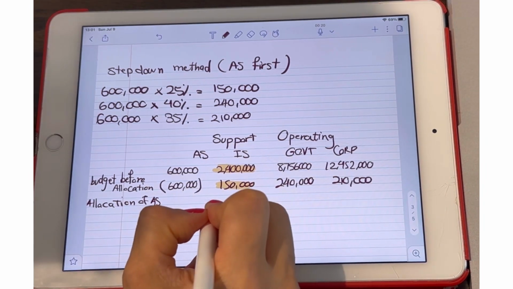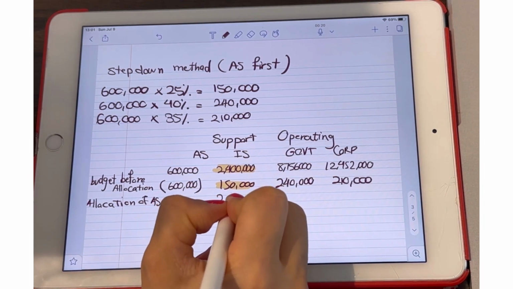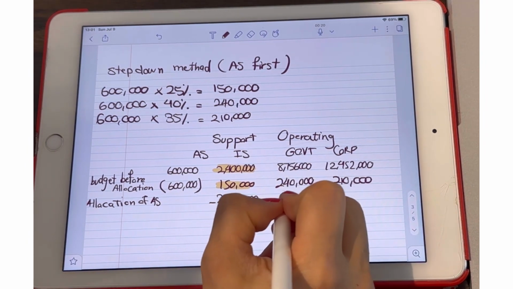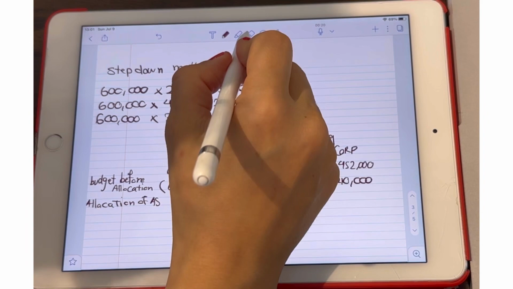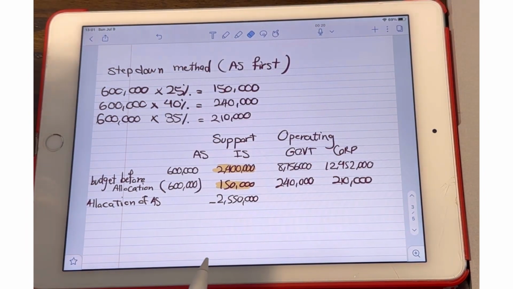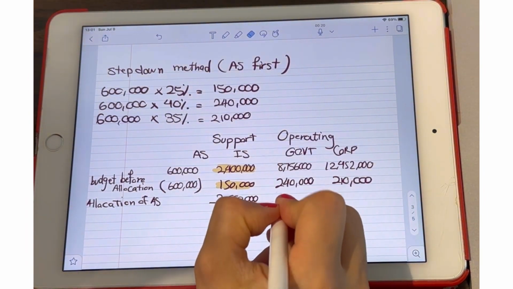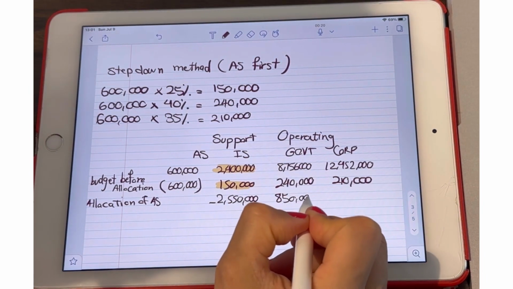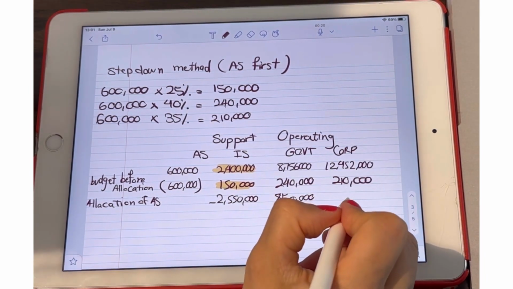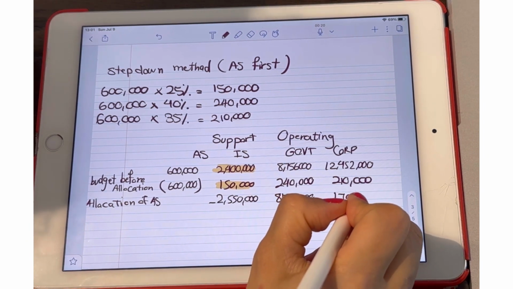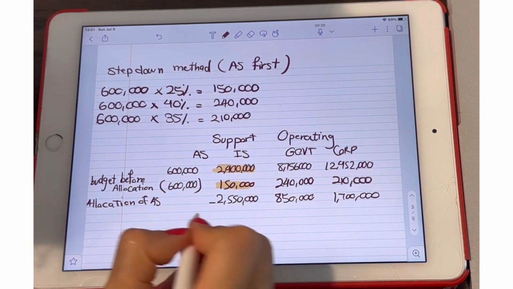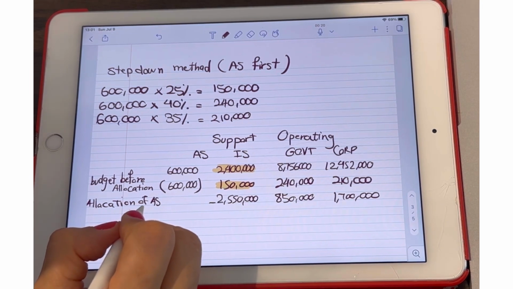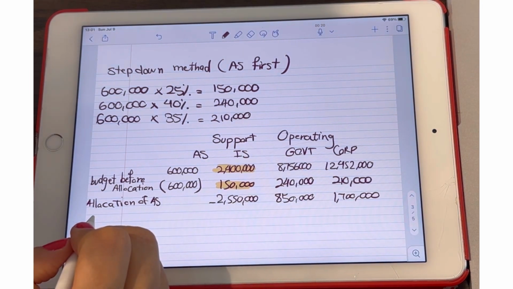And then here you're going to have 2,550,000 minus it, because as you know we should have $0 under both support costs.